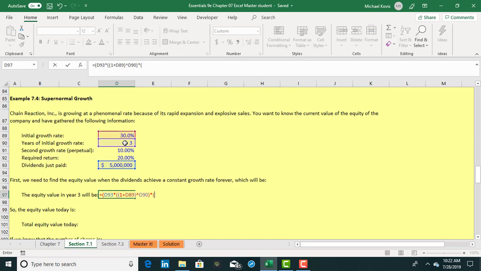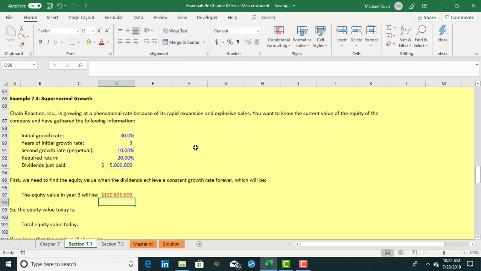So what is it worth to us today? And we'll throw in 3 parentheses. We'll take our dividend just paid times 1 plus that initial growth rate, and we'll divide that by our required return minus the initial growth rate.